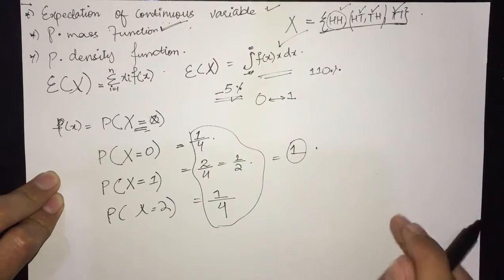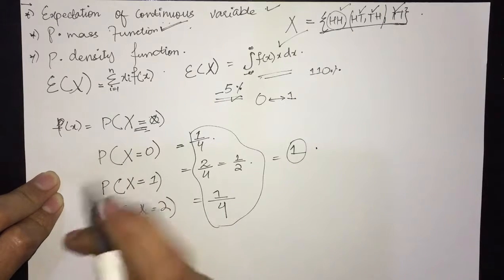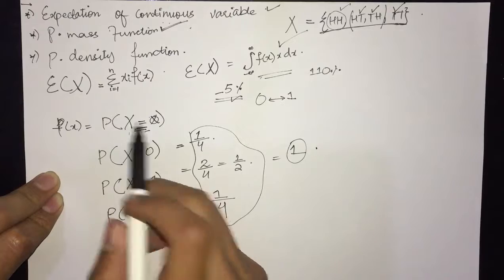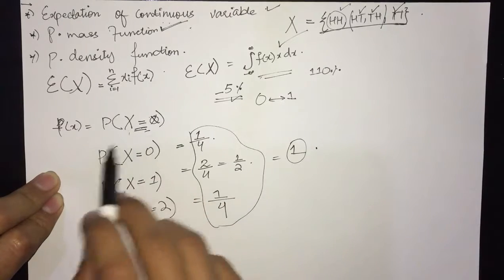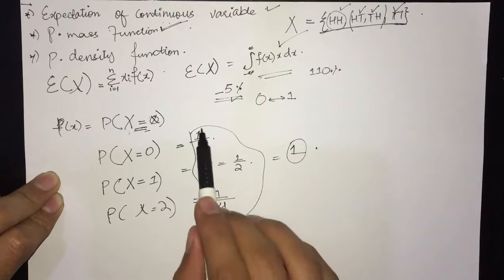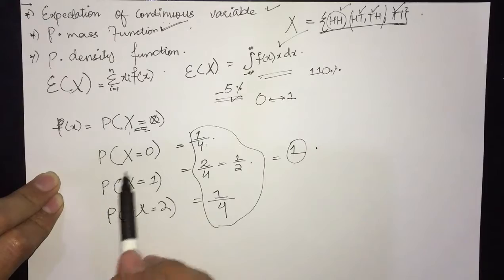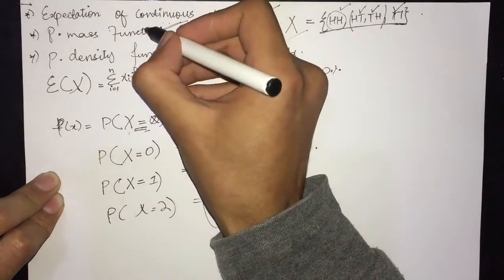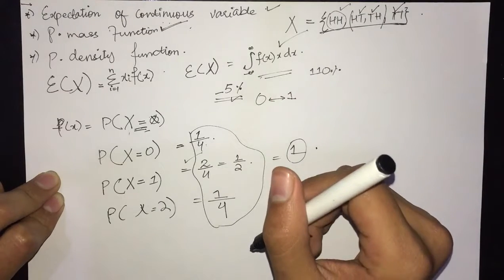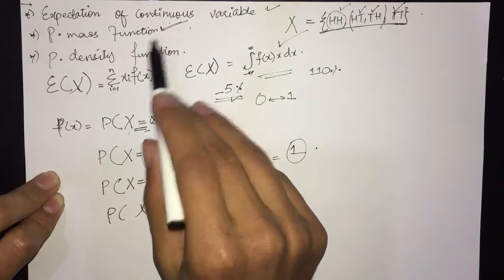So this was the probability mass function, where a random variable can assume all the values within its data set, and it provides you with the probability of the value it assumes. We use this function when the nature of the variable is discrete.